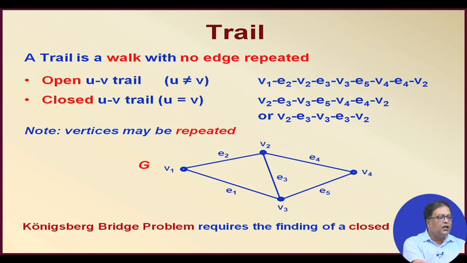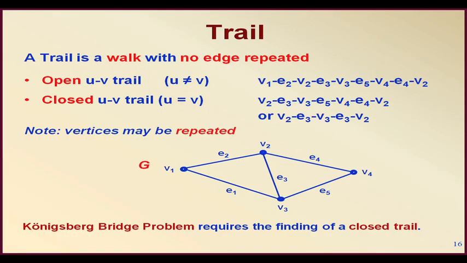Now, the next important term in this context is called a trail. What is the difference between a walk and a trail? A trail is also a walk, but not all walks are trails. What is the difference? Here no edges can be repeated, but vertices can be repeated. Is it all right?